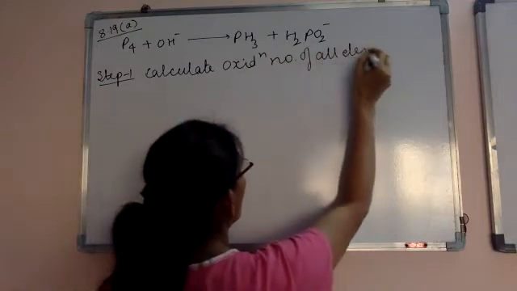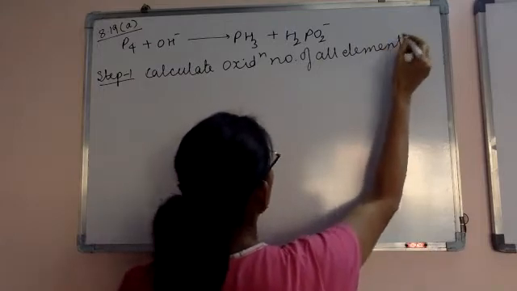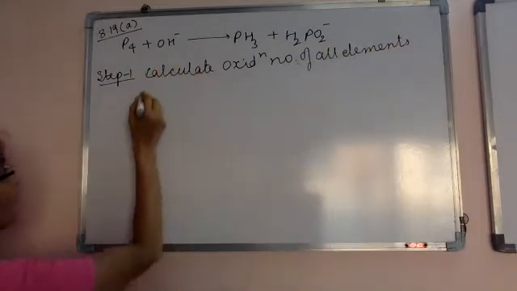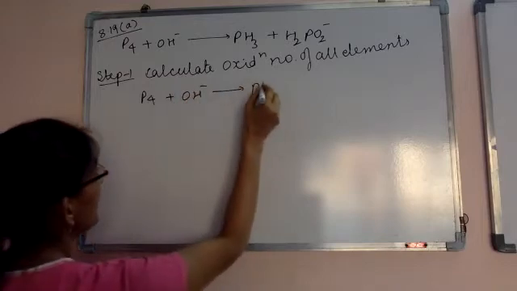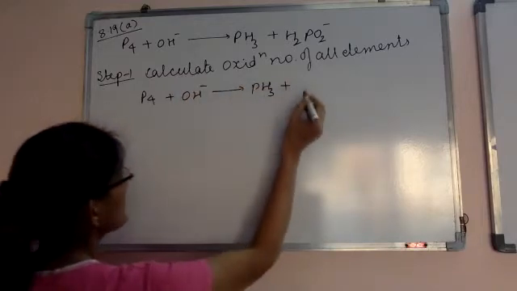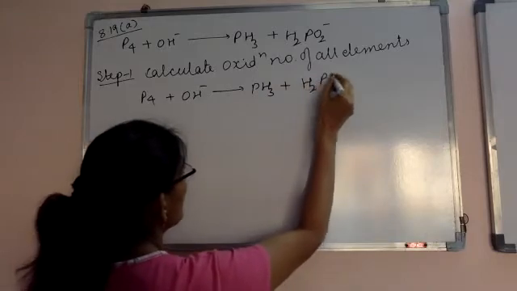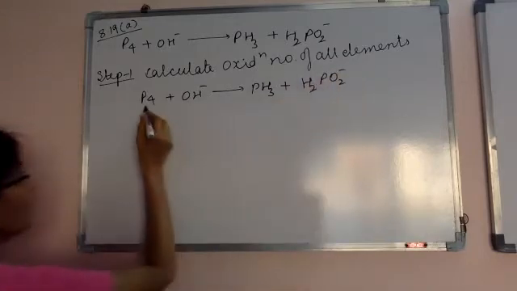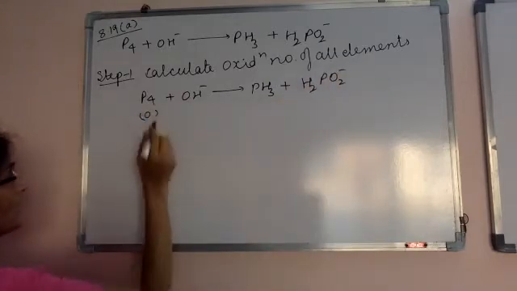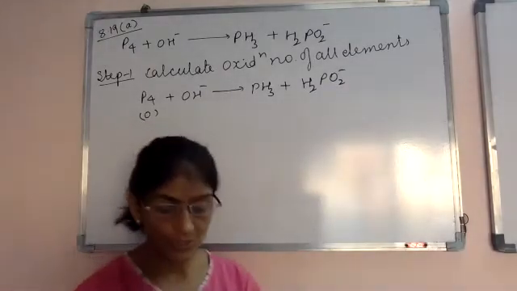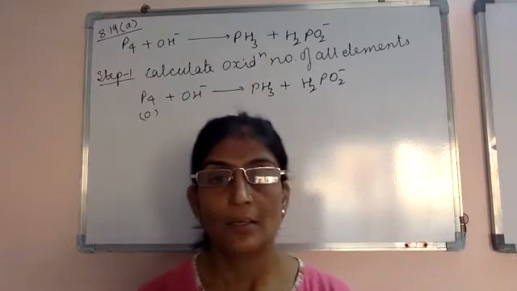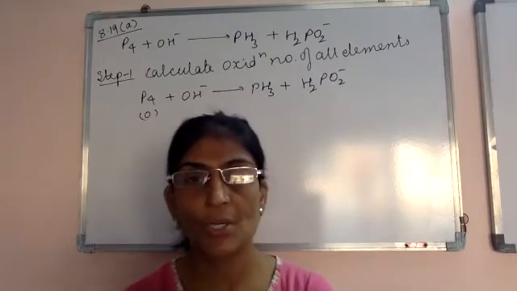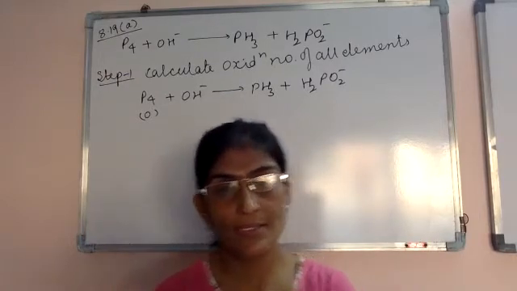Write the reaction again: P4 plus OH minus gives PH3 plus H2PO2 minus. P4 oxidation number will be 0 because it is a neutral molecule and it has no charge. So oxidation number will be 0.